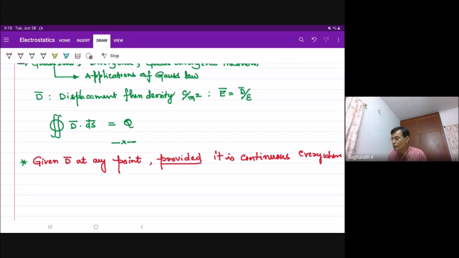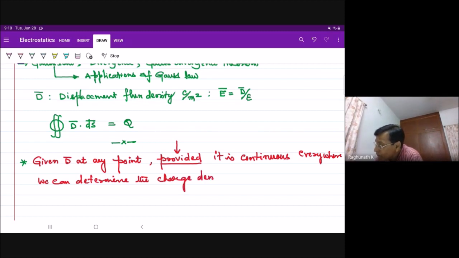Explanation follows. I have given D bar at any point in the given region, provided it is continuous everywhere. We can determine the charge density at every point.